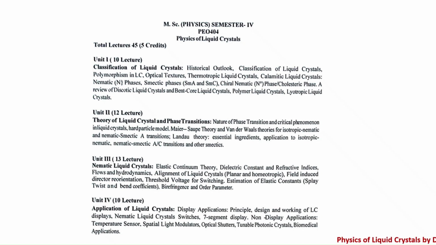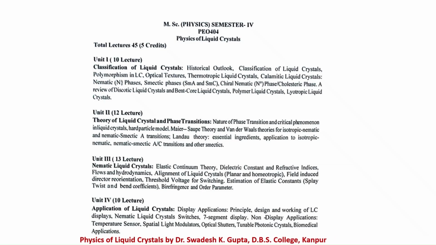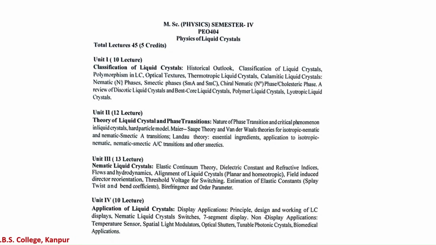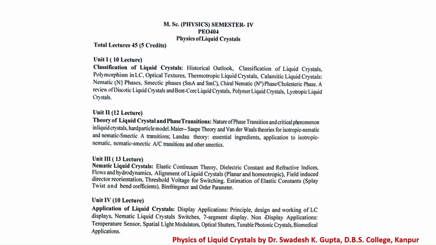The second unit covers the theory of liquid crystals and phase transitions. In that you will be studying the nature of phase transitions, how a liquid crystal goes to different phases with temperature, and what the critical phenomena in liquid crystals are.